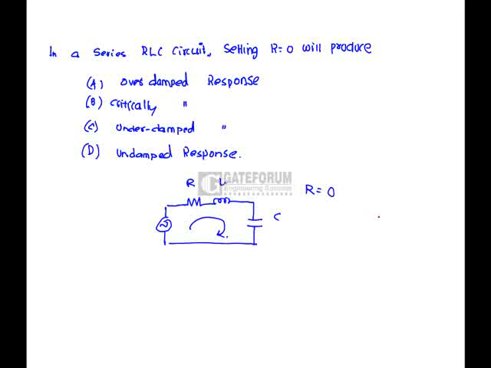There is an indefinite energy transfer between L and C, meaning it produces a sinusoidal oscillation. It is kind of an oscillator, hence it is an undamped response, because here R equals 0 means zeta, the damping coefficient, equals 0. So we will get an undamped response, that is option D is correct.